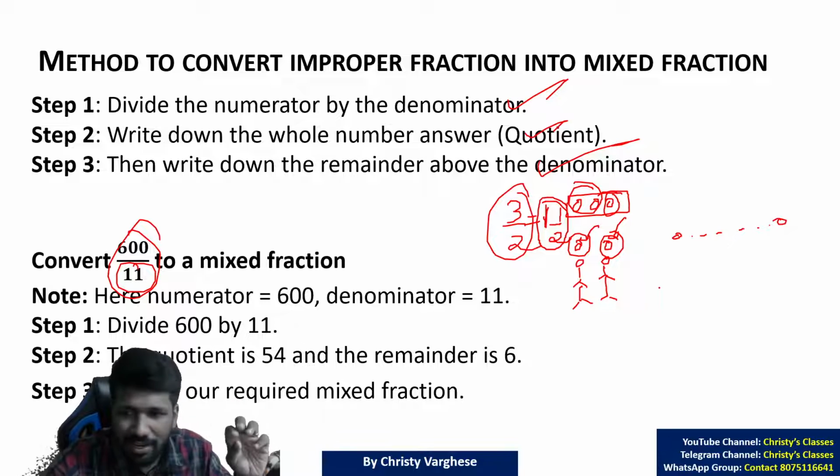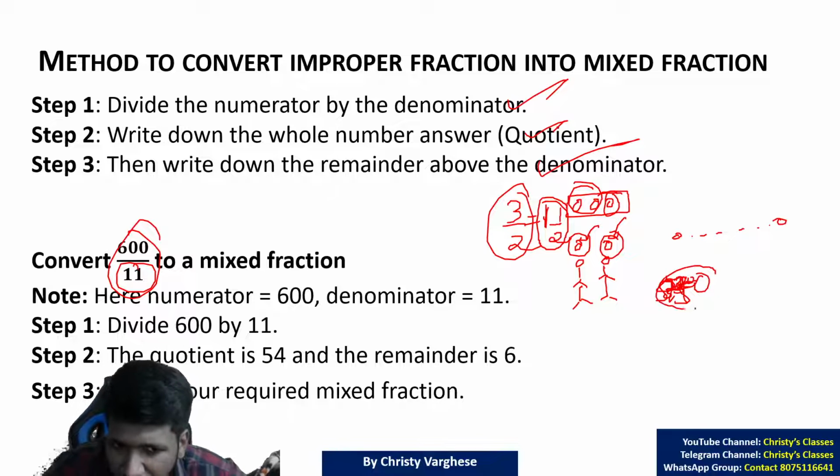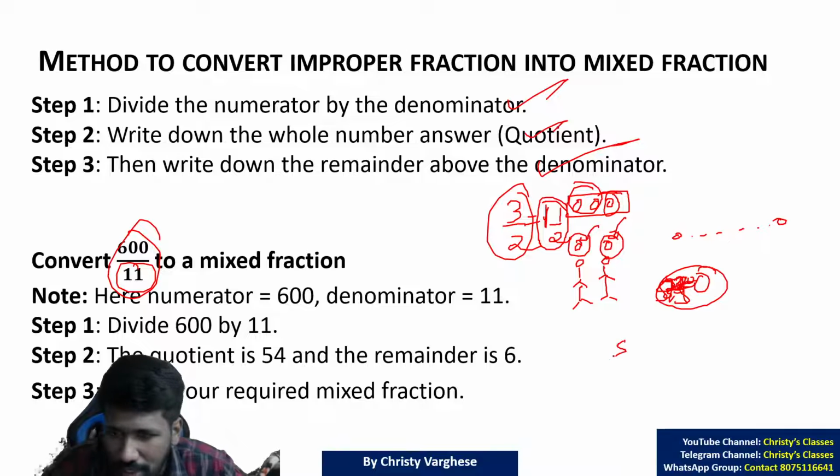So 11 people will get 1 mango each, then 2 mangoes each, 3 mangoes each, 10 mangoes each, that is 110 mangoes, 20 mangoes each, that is 220 mangoes, 30 each, 330 mangoes, 40 each, 440 mangoes, 50 each, 550 mangoes. After that, 550 mangoes are given, and there are 50 mangoes remaining. 550 plus 50 is 600.